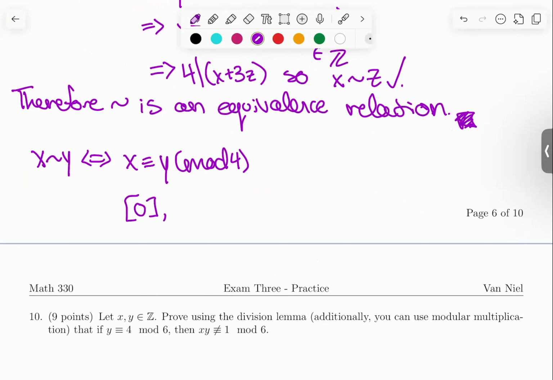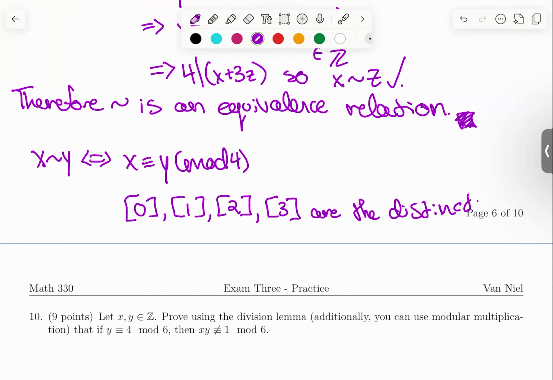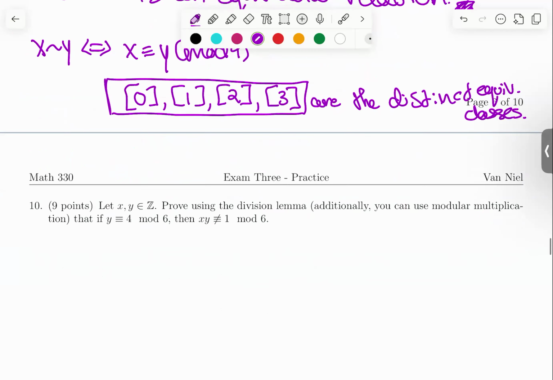Our classes are 0, 1, 2, and 3. Yay. Because those are our options, right? If you're 0 mod 4, you twiddle all other 0 mod 4 integers. If you're 1 mod 4, 2 mod 4, 3 mod 4.